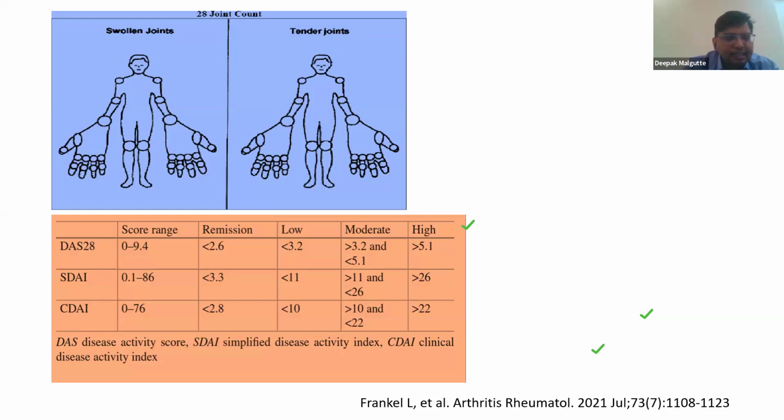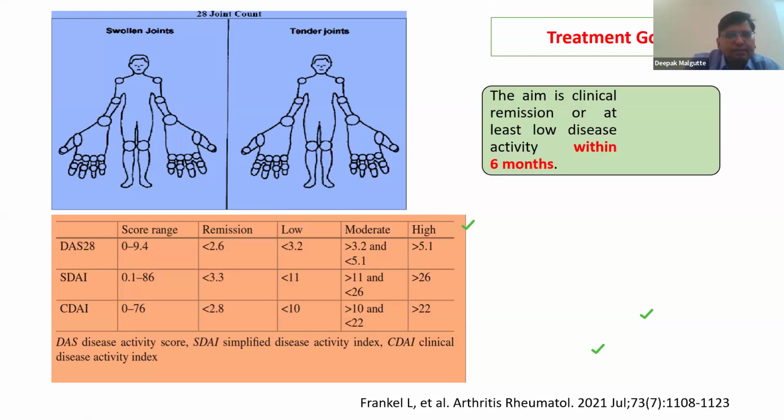It is just the clinical disease activity index where you look for 28 joint swelling, 28 joint tenderness, and you ask for patient and physician assessment of disease activity in the last 1 week, based on which we can calculate this score.